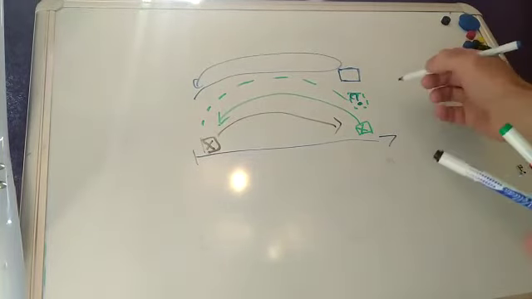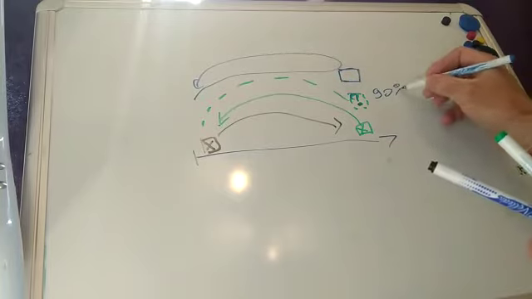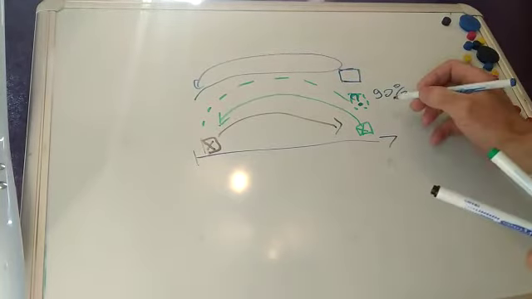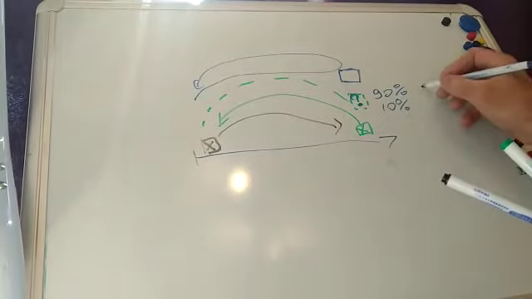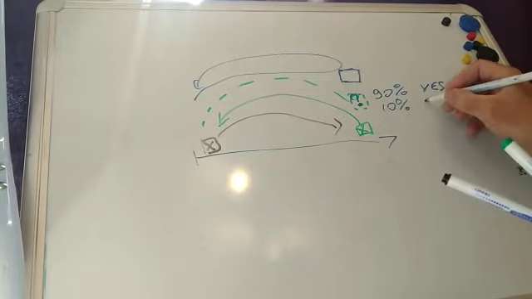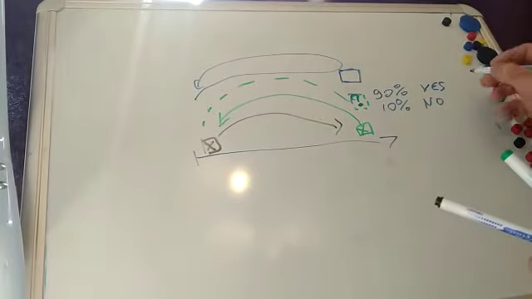So sometimes information is very likely. So you could say, okay, this is 90% likely and 10% not likely. So you can have here yes and no. Will this happen? Will this be true at this precise time?